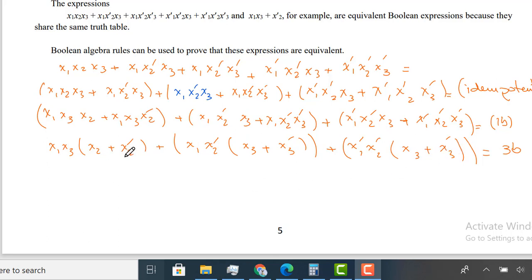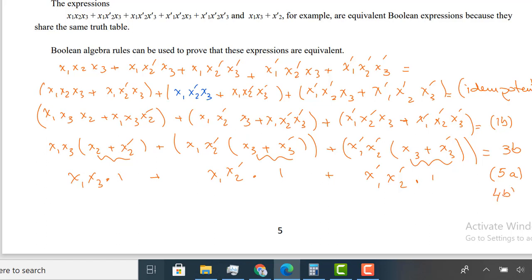Well, x2, x2 naught is just a 1, and here as well is 1, and here as well. What I used right here is 5a. And now this is the identity, 4b. So what I'm going to end up with is x1, x3, x1, x2 naught, and x1 naught, x2 naught.